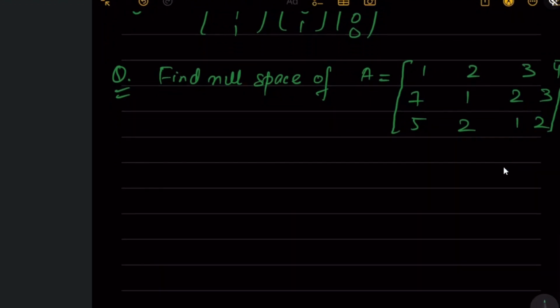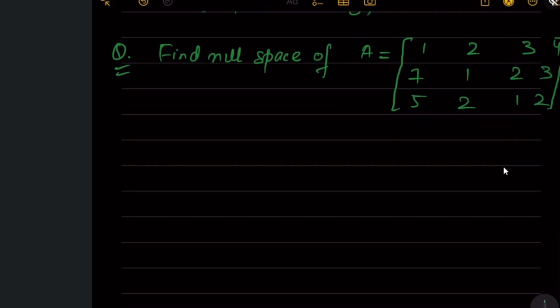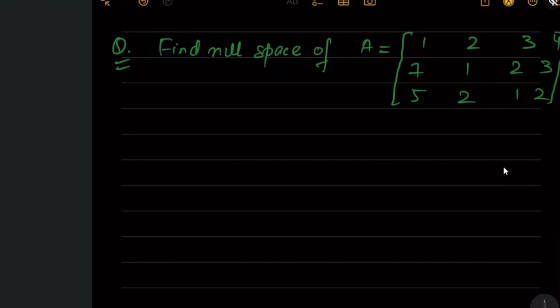As we move towards the end of the session, you will realize why it is important and how to do it. So can you try this on your own, how to find the null space? Any approach? I want you guys to solve it first.